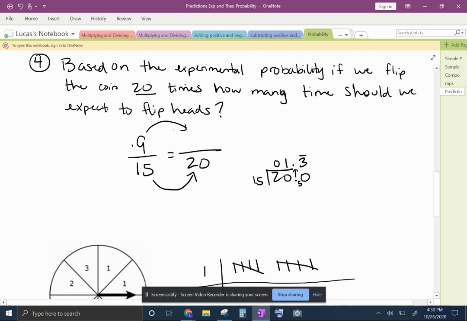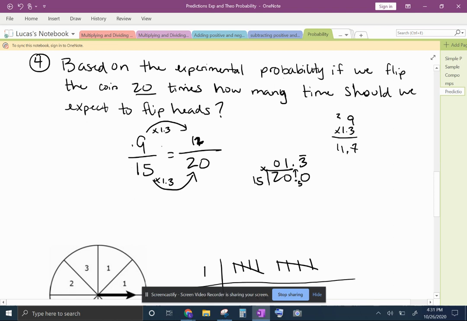And so over here it should be 1.3, because this is times 1.3. 15 times 1.3 will give me 20. So I'm expanding it 1.3 times. So I could take 9 times 1.3 and get what I need. That is 11.7, or 12 for short, or 12 if we round it.